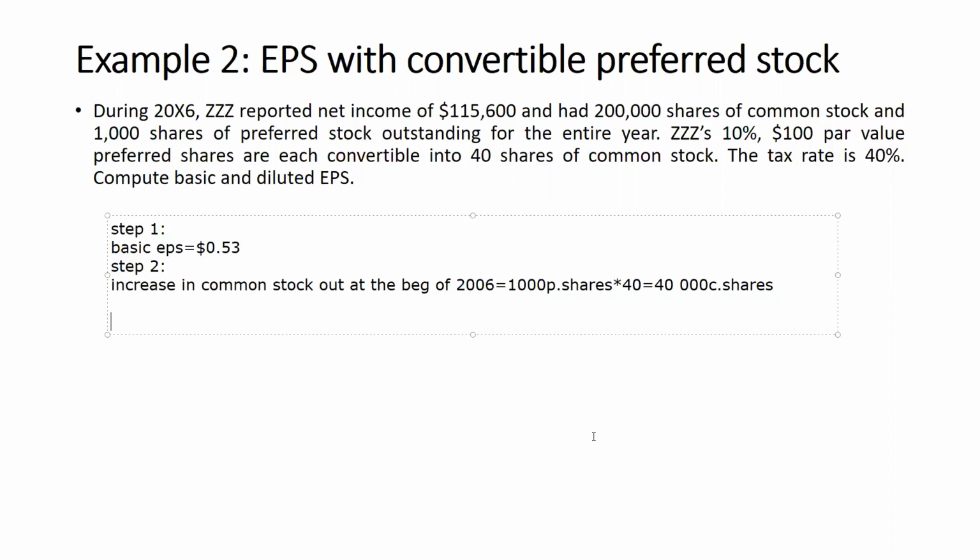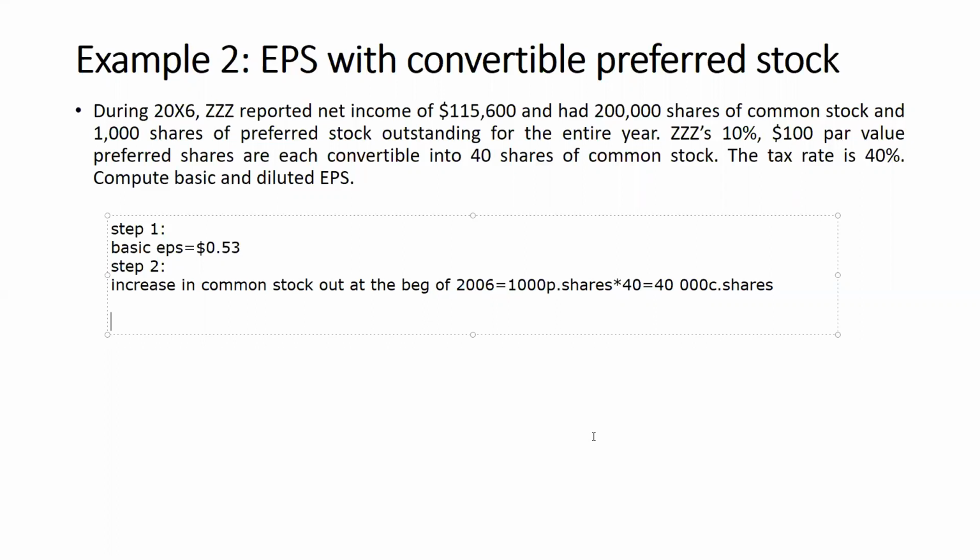Does the company have to pay the preferred dividends if the preferred shares are converted? Logically, no, because you already converted to common shares and all the dividends should be paid as common shares rather than preferred. That's why it should be added back to net income in the formula.